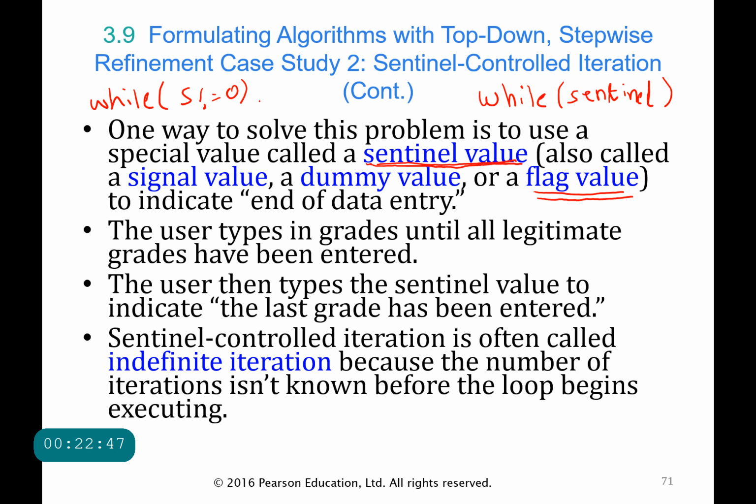And when this sentinel value becomes equal to 0, that's when your loop terminates. So we can use this to control when our program terminates. So when we want the program to terminate, we can set the sentinel value to whatever value we want it to be. So let's say if the sentinel value is 0, we're going to terminate the program at 0.